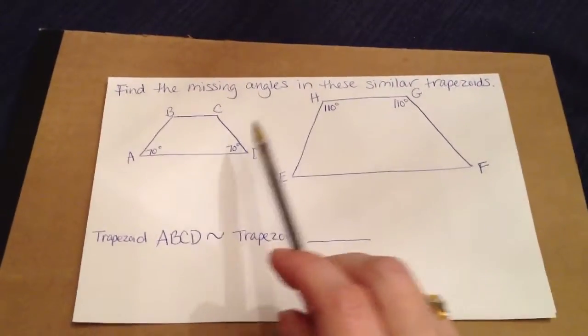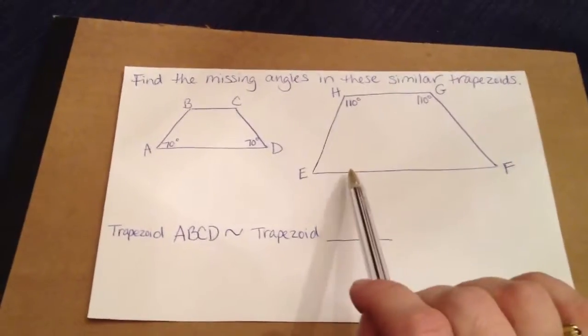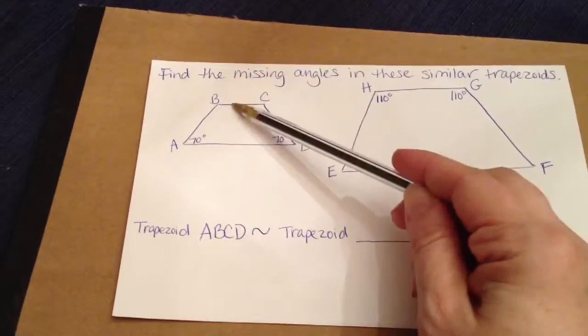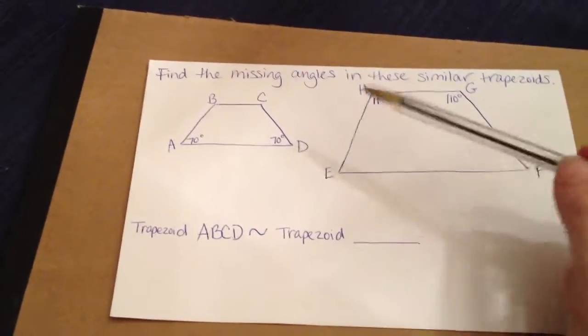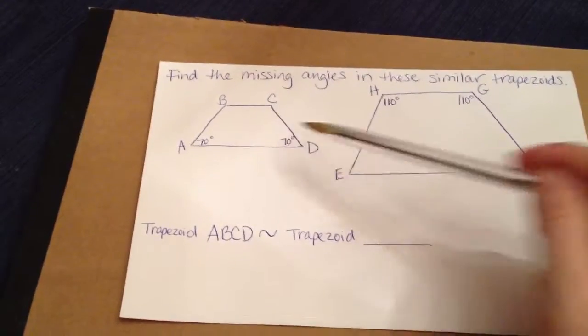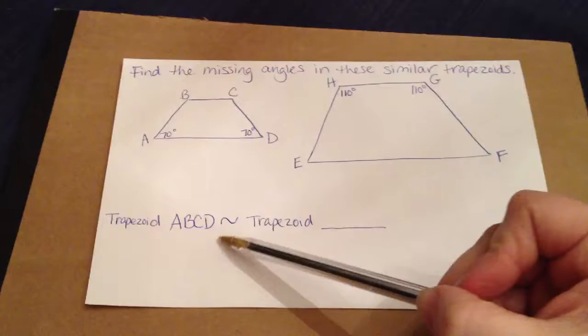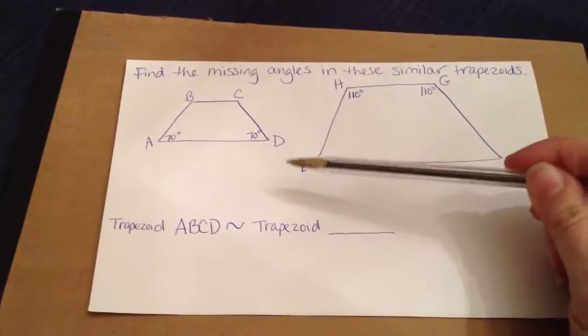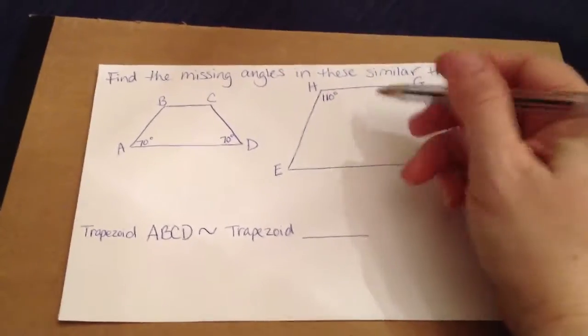In this case, I'm telling you that the trapezoids are similar. So trapezoid ABCD is similar to, again, we have to go in the same order, trapezoid EHGF.